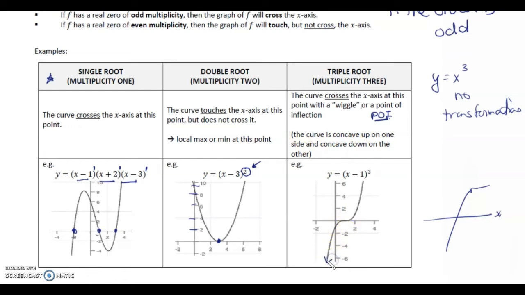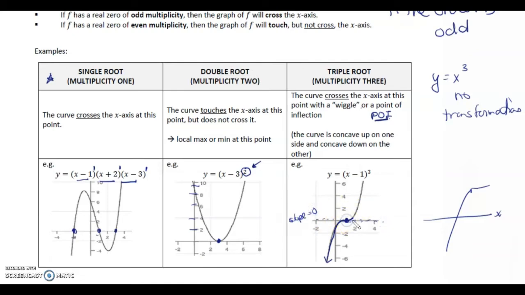So we have this function and it flattens out here. And just for this split second right in the middle of that wiggle, there will be a horizontal tangent line where the slope is 0.